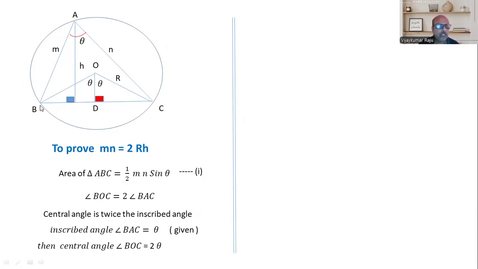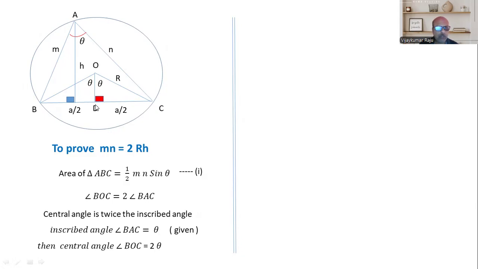Now suppose BC is of length A. If this whole length is A, this half of it should be A by 2, and this should also be A by 2, because the two triangles are congruent and D must be the midpoint.